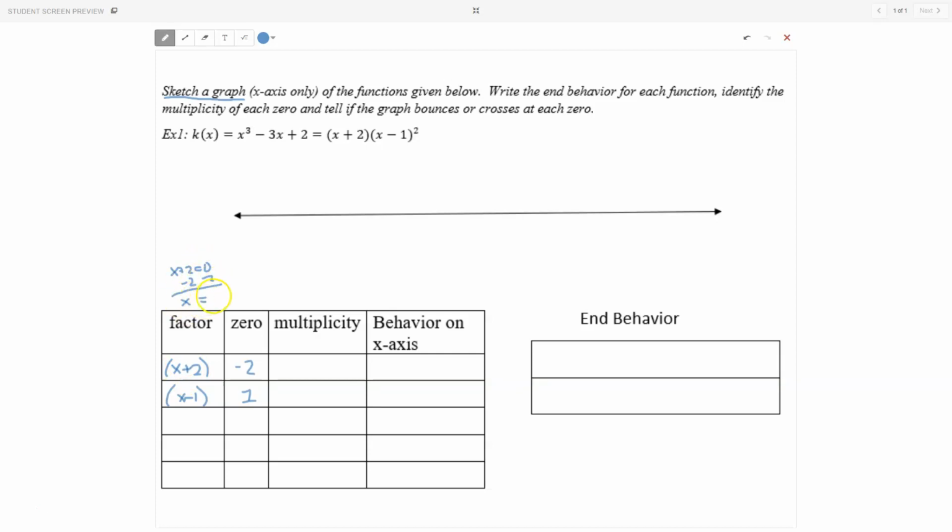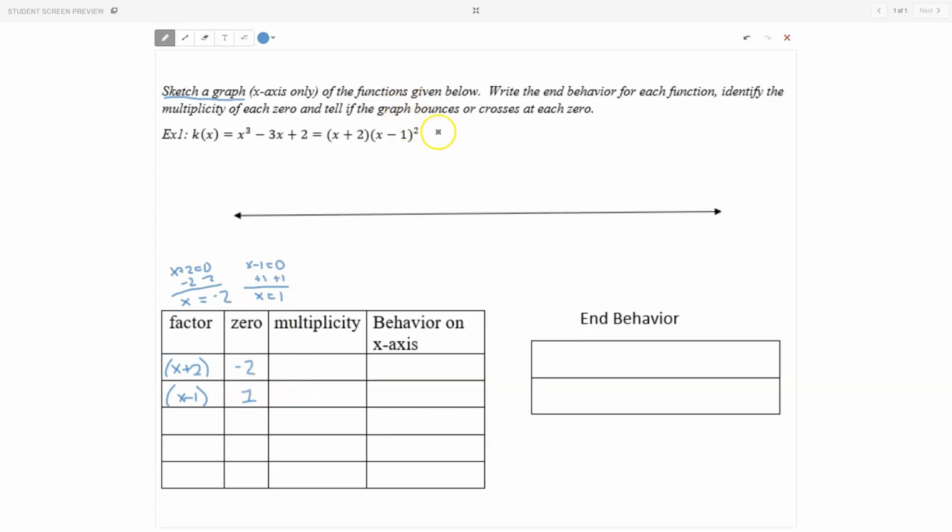So by solving that, I see that my 0 is at x equals negative 2. By solving this one, setting it equal to 0, and then solving, I find my 0. Okay, so that's where I got those.